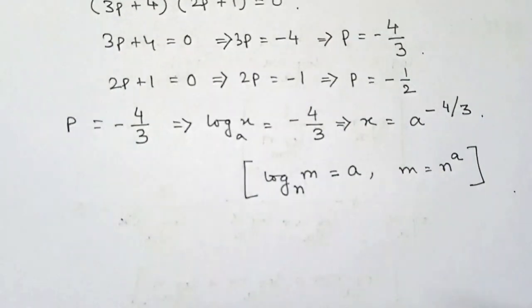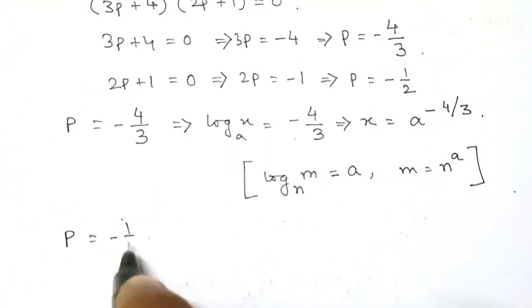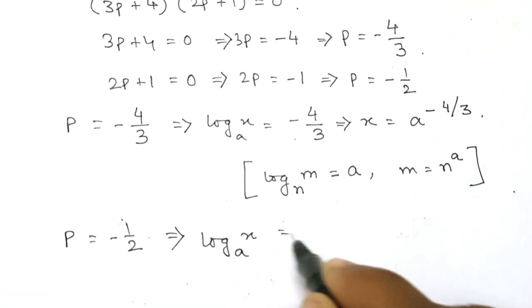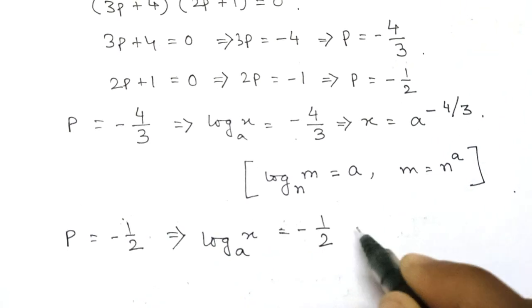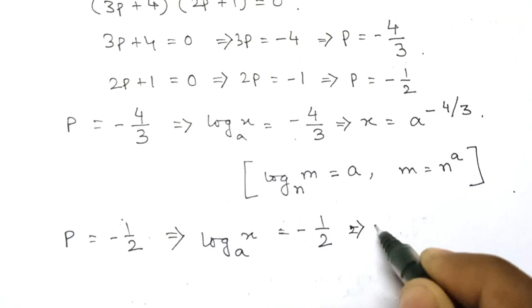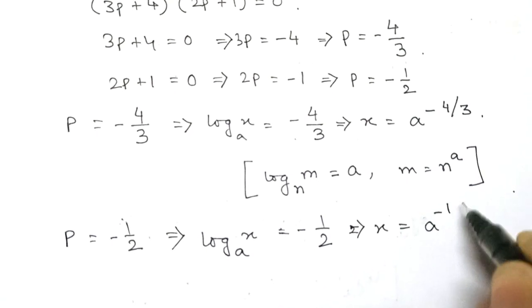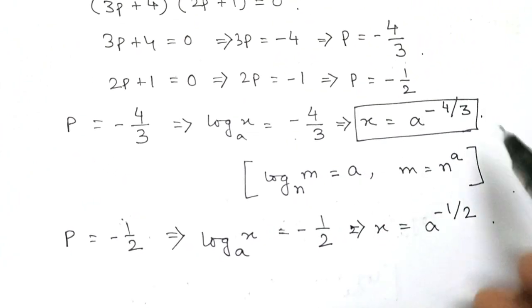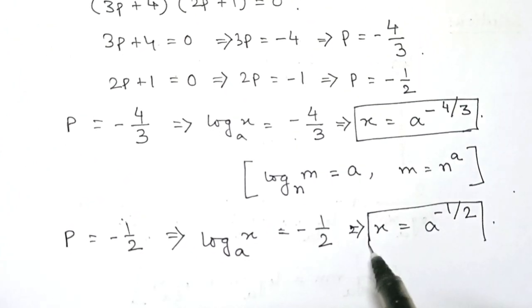Now from the second solution, which is p is equal to minus half, we can write that log x to the base a is equal to minus half, and x becomes a to the power minus half. So this is one solution and this is the second solution.